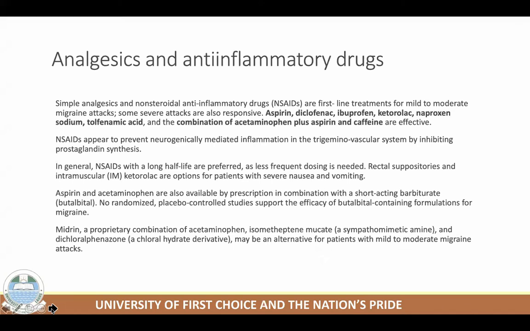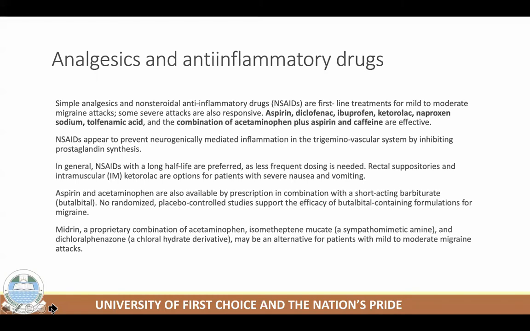Simple analgesics and NSAIDs are first-line treatments for mild to moderate migraine attacks. Some severe attacks are also responsive to these simple analgesics, but it's important that if you do not get relief quickly, then you move on to the combination of paracetamol with aspirin and caffeine. NSAIDs appear to prevent neurogenically mediated inflammation in the trigeminal vascular system by inhibiting prostaglandin synthesis.